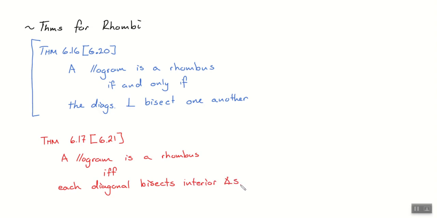Now, a parallelogram is a rhombus if and only if the diagonals bisect all the interior angles. Now, in either of these situations, we have the first that says, here's how we check if something is a rhombus, or if it is a rhombus, here's what we get, and here's how do we check if it's a rhombus or not, just like we saw with parallelograms.